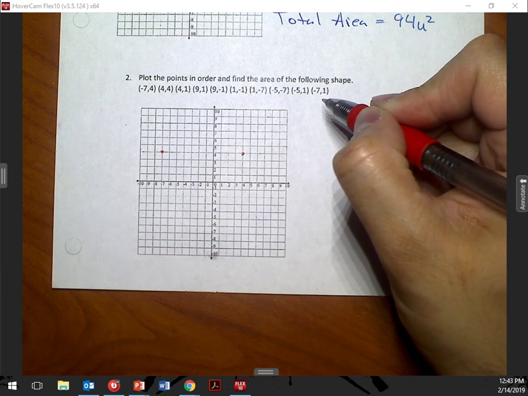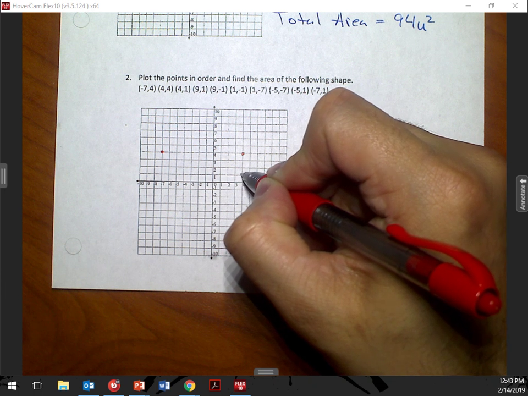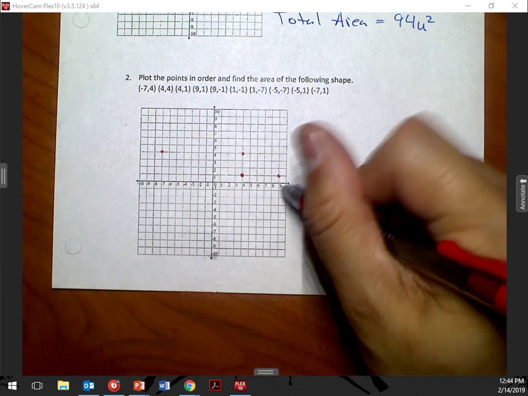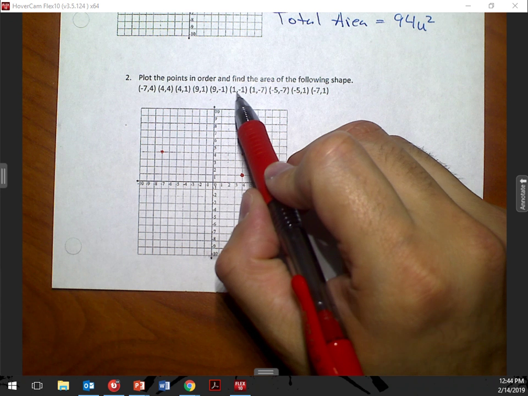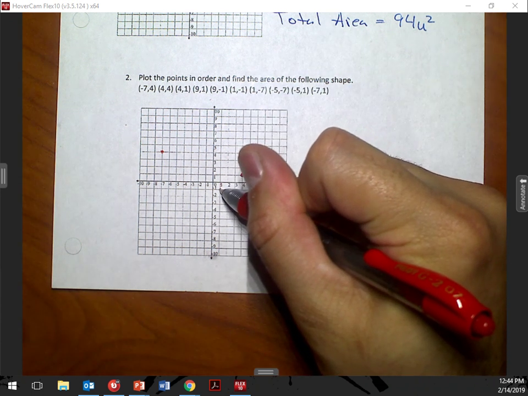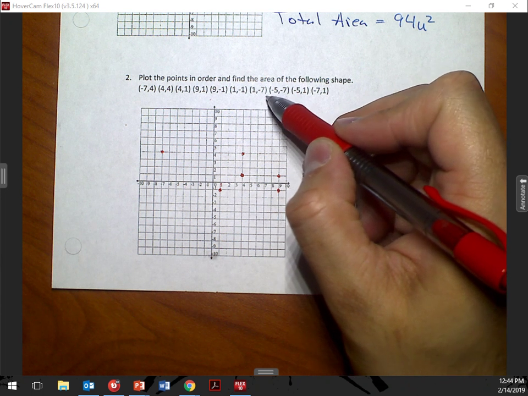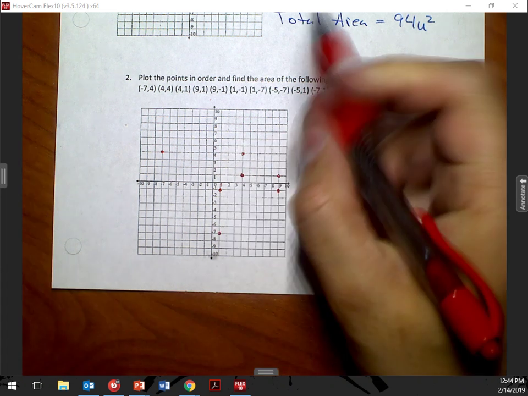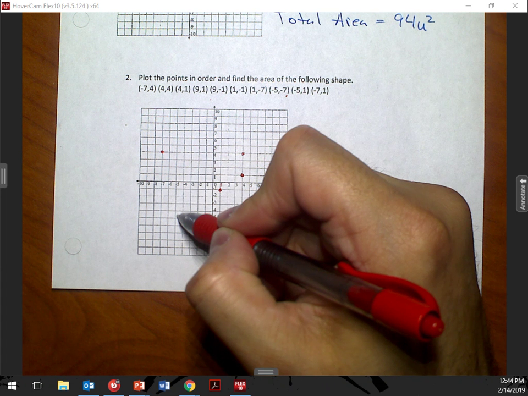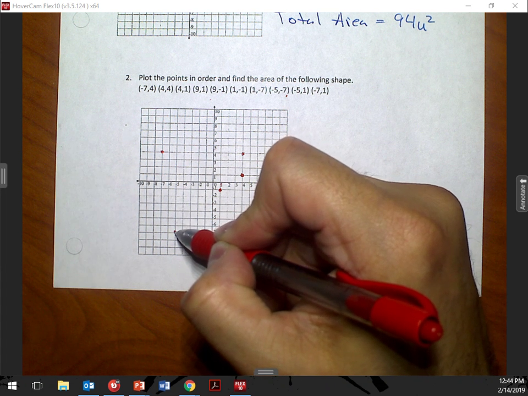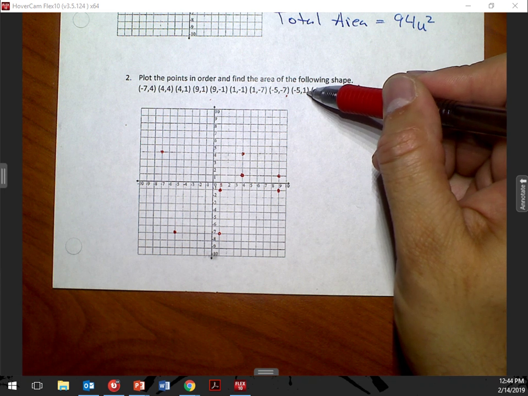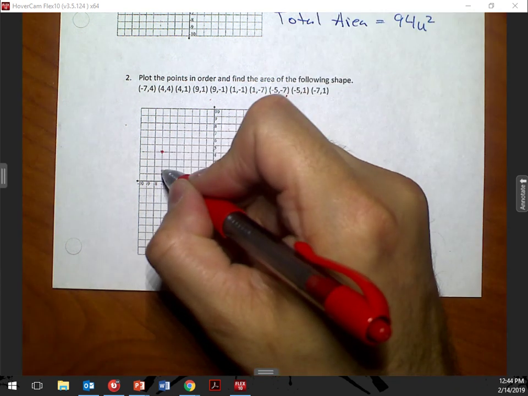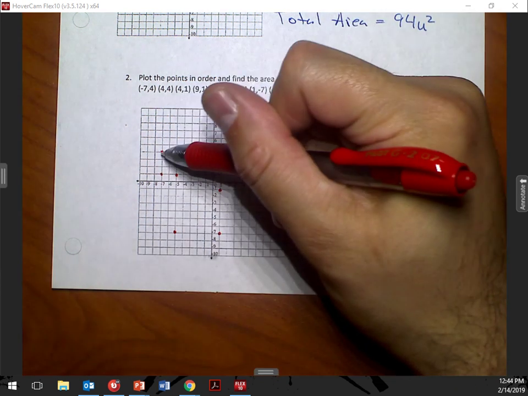We have 4, 1. 9, 1. 9, -1. 1, -1. 1, -7. -5, -7. -5, +1, -7, +1. All right, let's go through and connect.